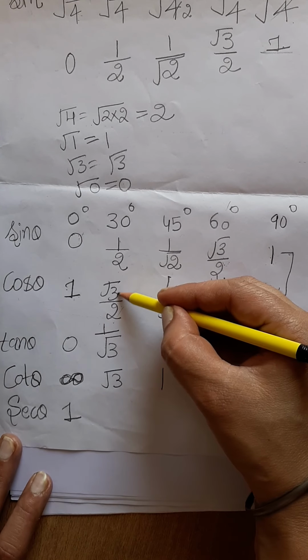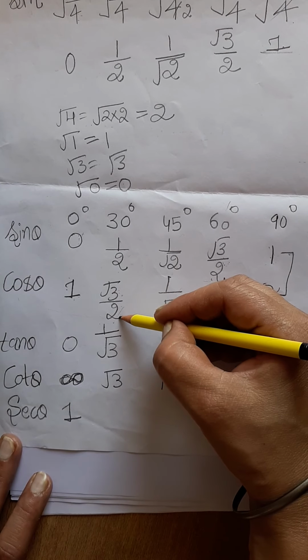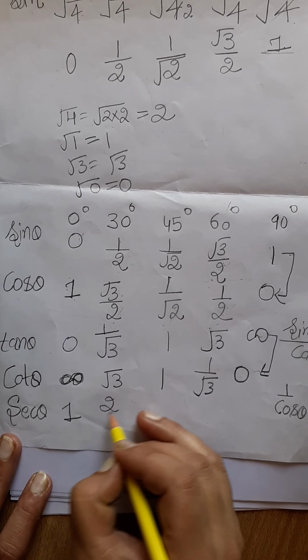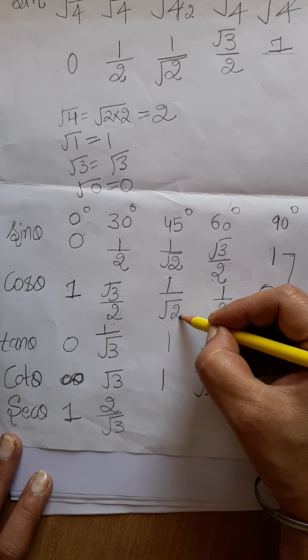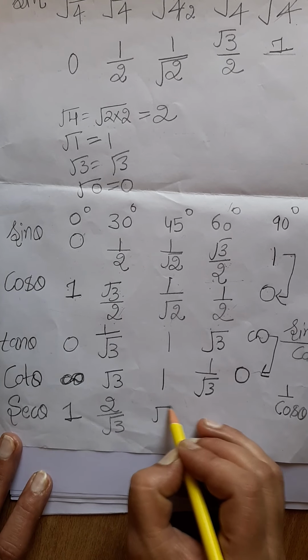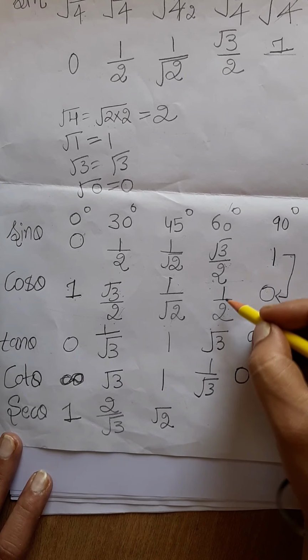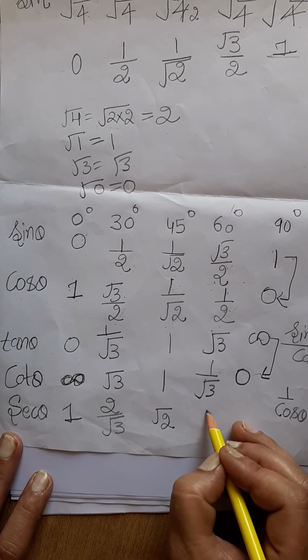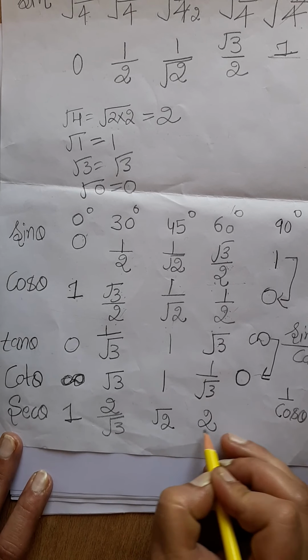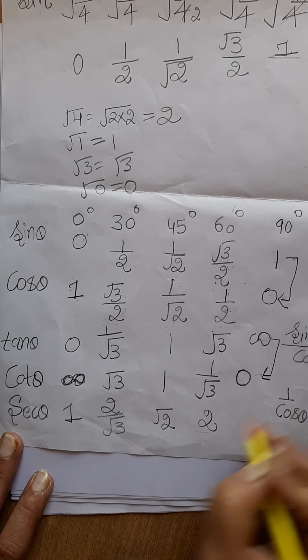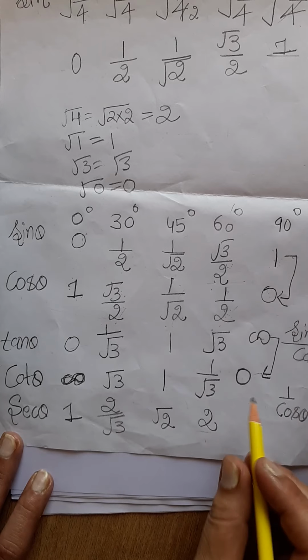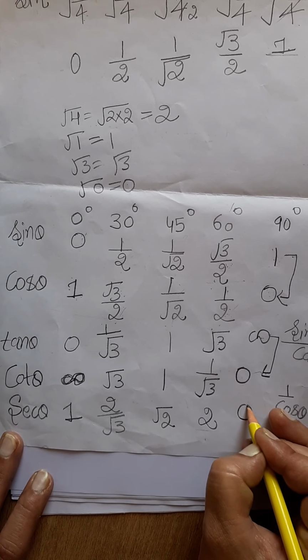Reciprocating root 3 upon 2, you get 2 upon root 3. 1 by root 2, reciprocated you get root 2. 1 by 2, you can write here 2 by 1. We do not need to write here 1, and 0 by 0 is 0.